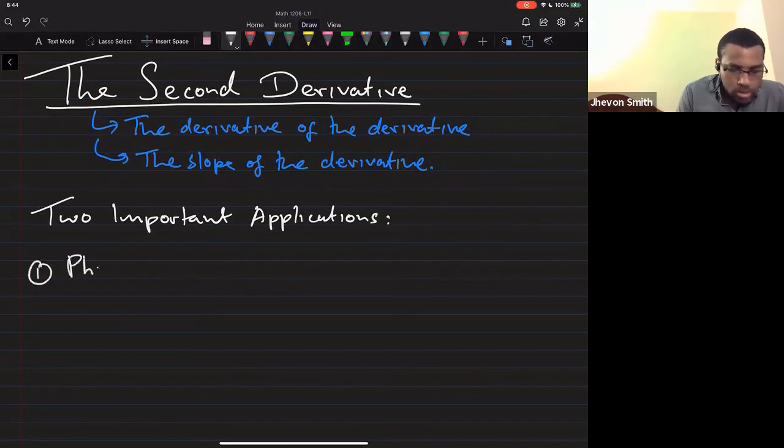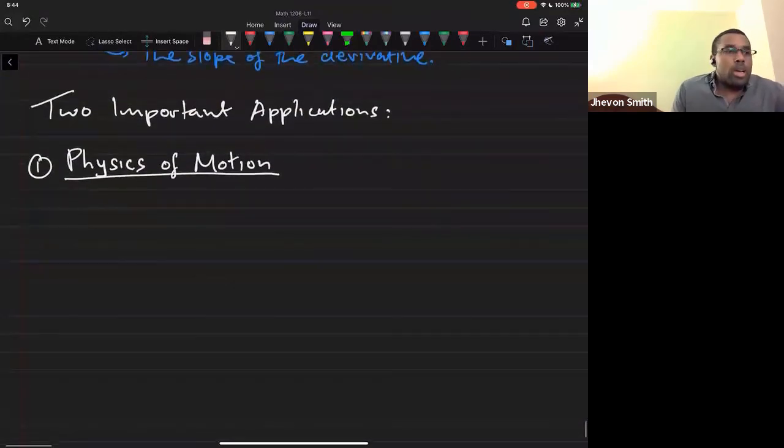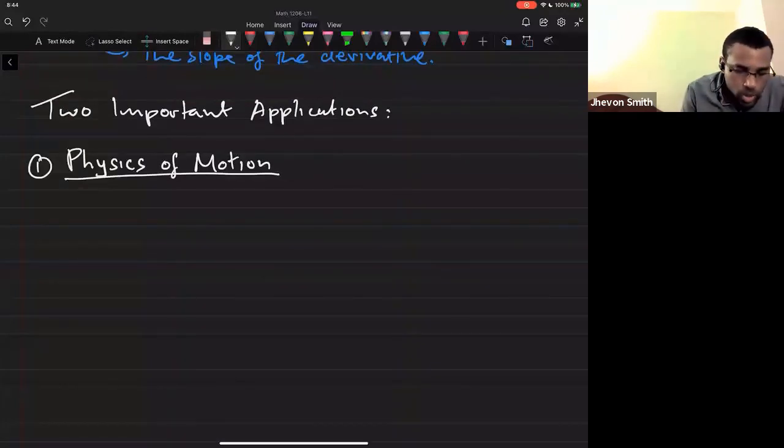One is the physics of motion. This is to say that t equals time.